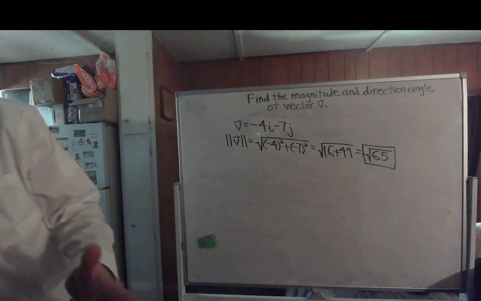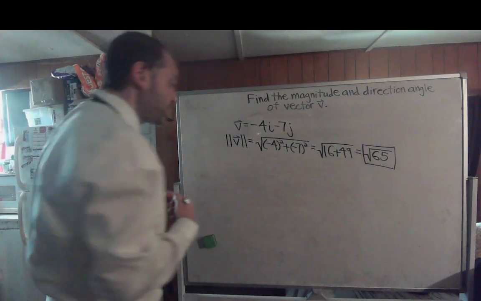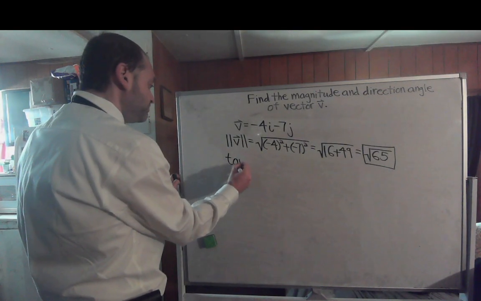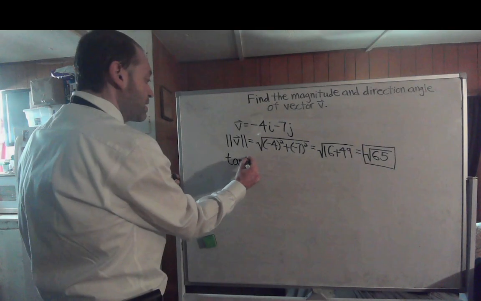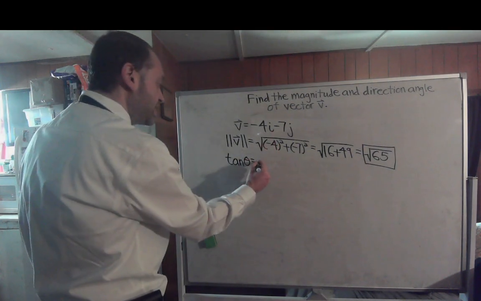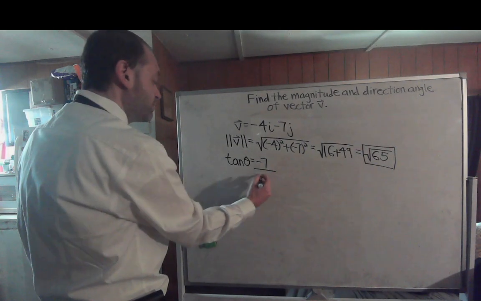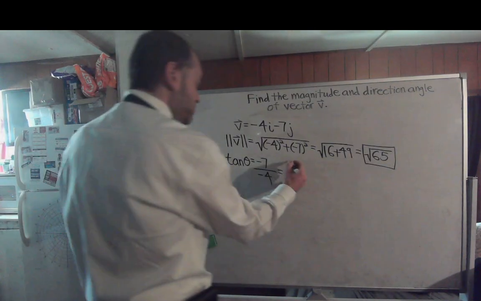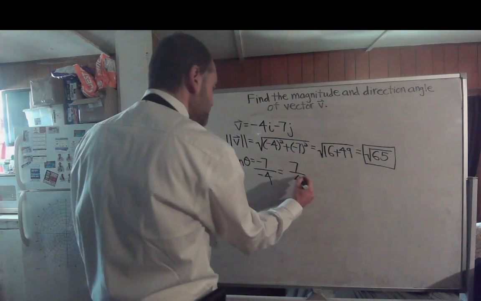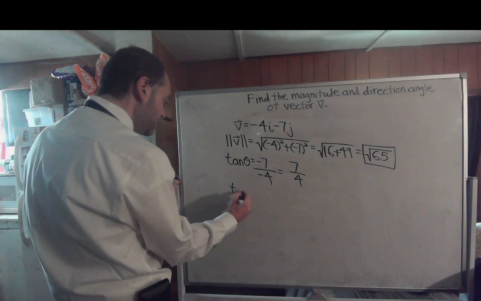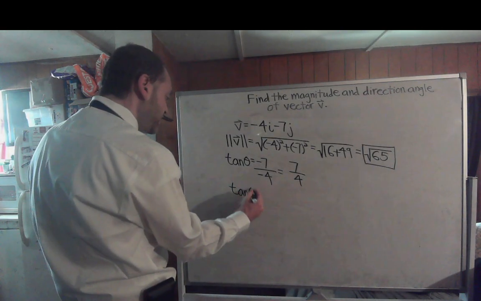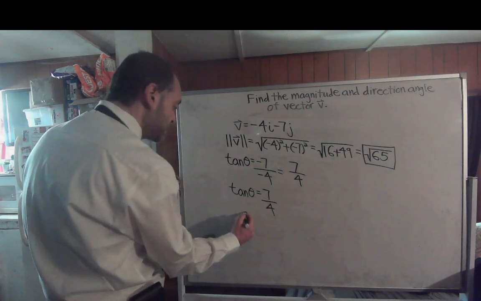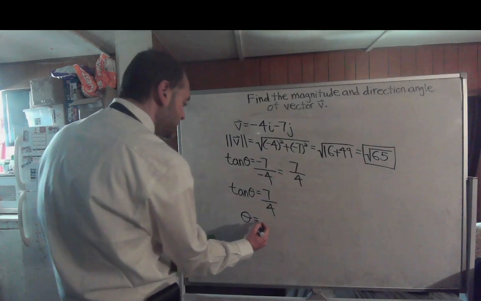Now we need to find the angle. So we're going to take the tangent of theta, set that equal to our y component of the vector, -7 over -4, which would be positive 7/4. So the tangent of theta equals positive 7/4, so we're going to take the inverse tangent.